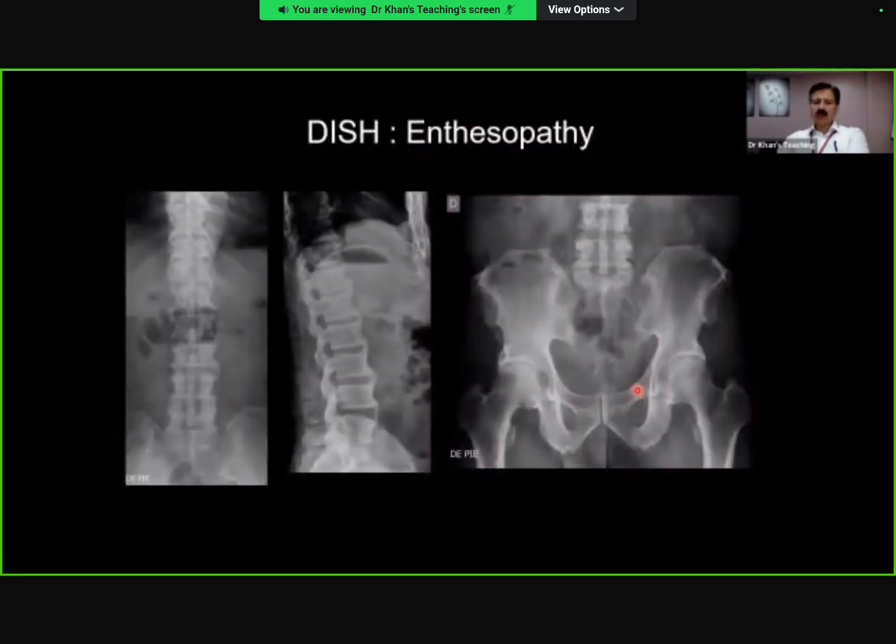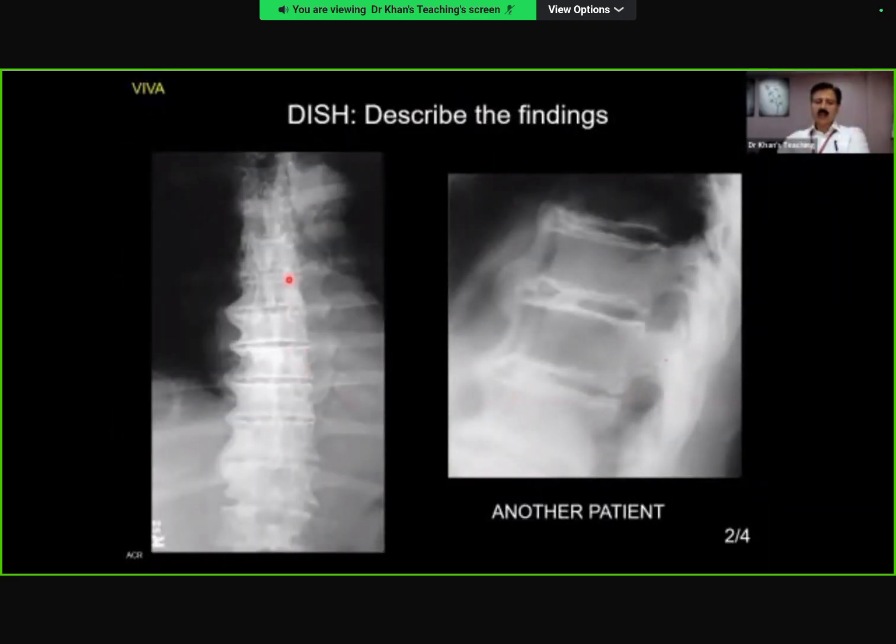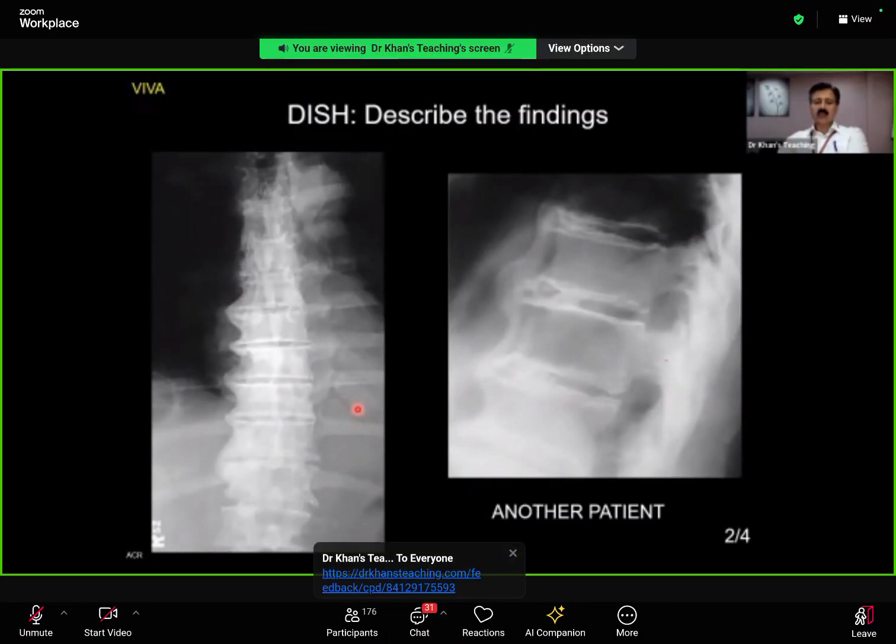One of the pathognomonic findings described for the thoracic spine, candidate 6, can you tell me what are the pathognomonic findings described in the thoracic spine as far as DISH is concerned? This is a specific question.